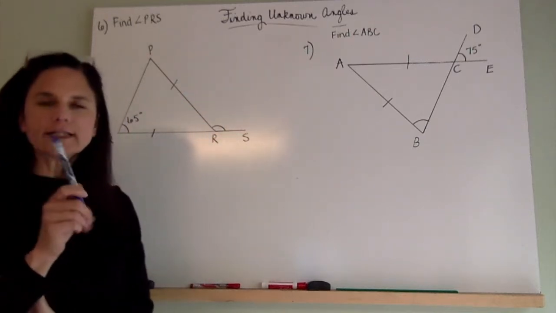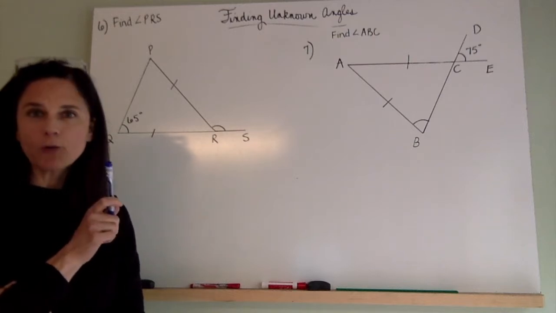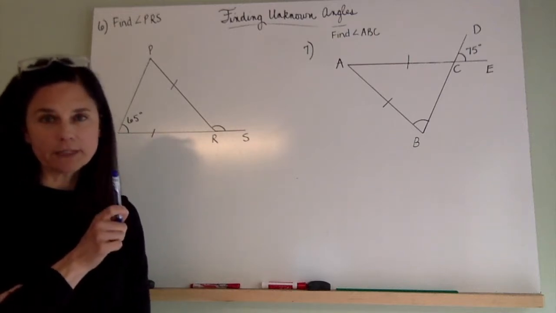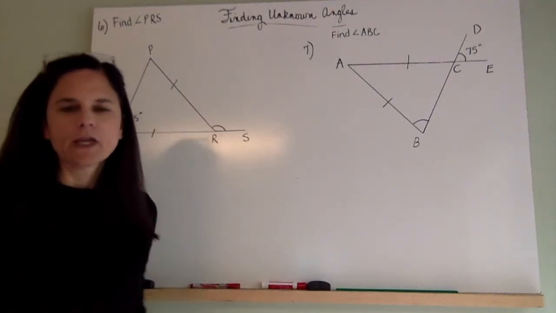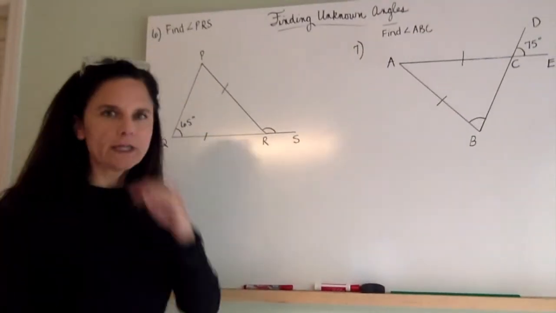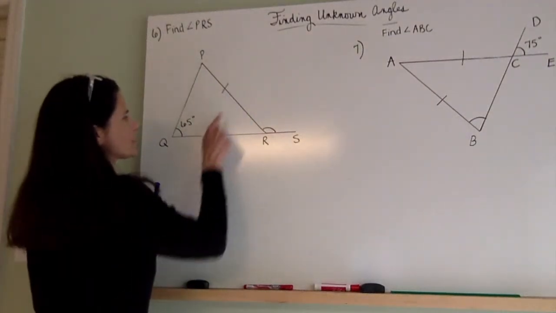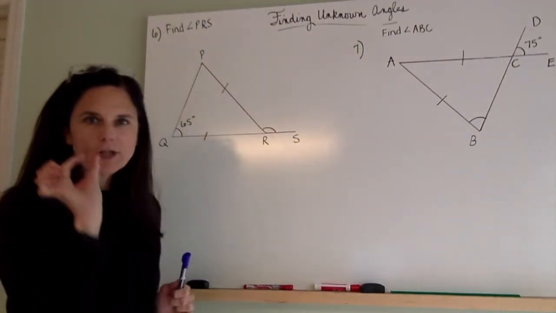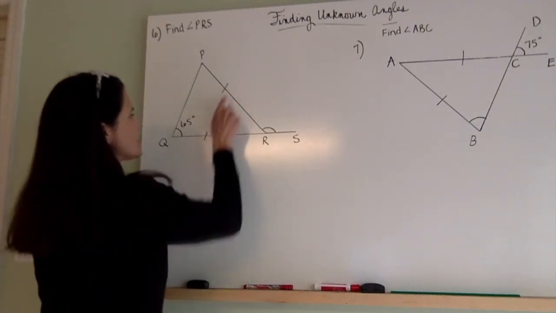So let's look at the triangle and think about all of our triangle properties and line properties that we know to help us find out what we don't know. Let me tilt the camera a little bit here. All right, let's take a look at what we see. We see two equal sides. Remember, we learned that those little cross lines indicate that these two sides are equal.